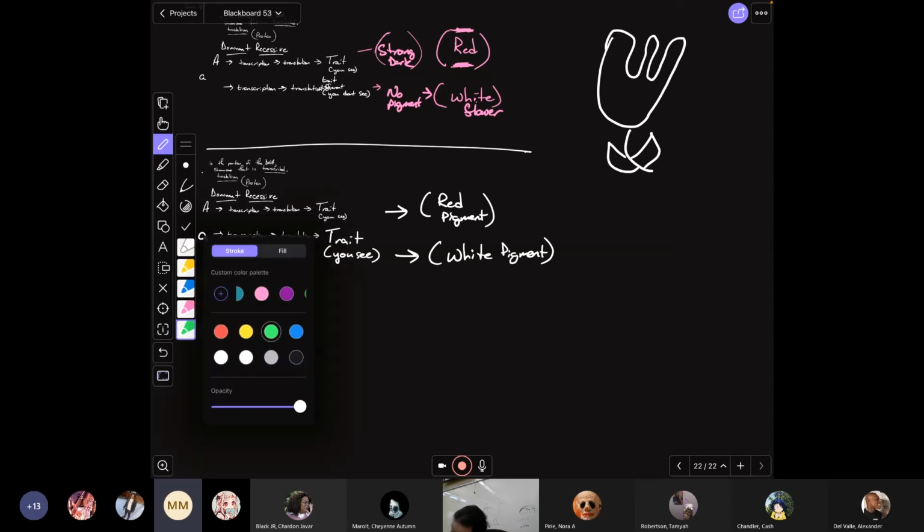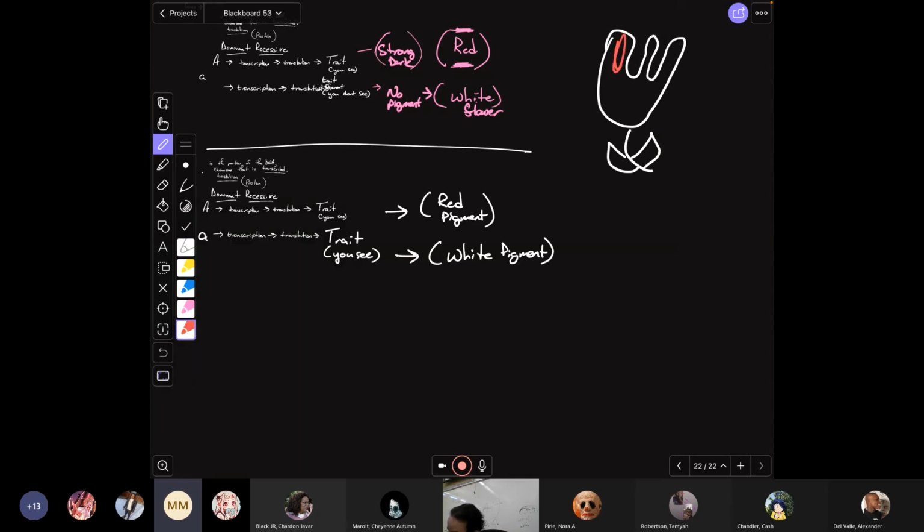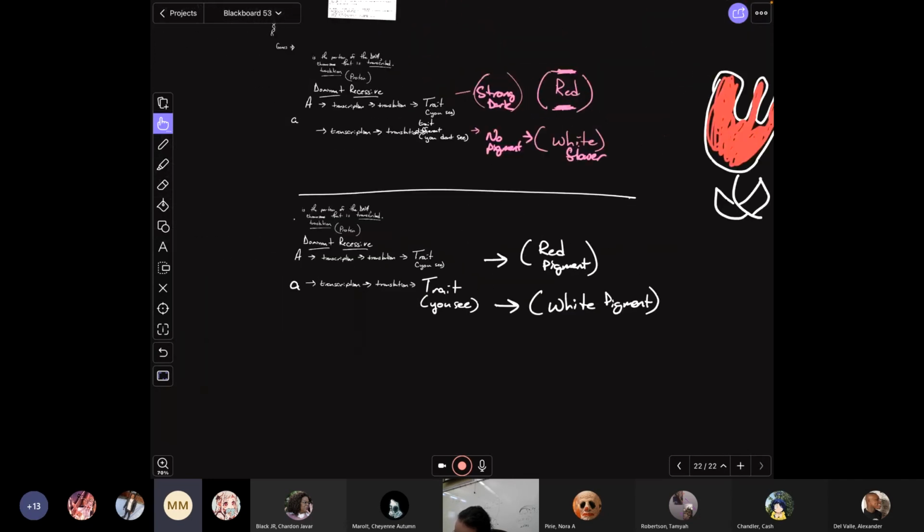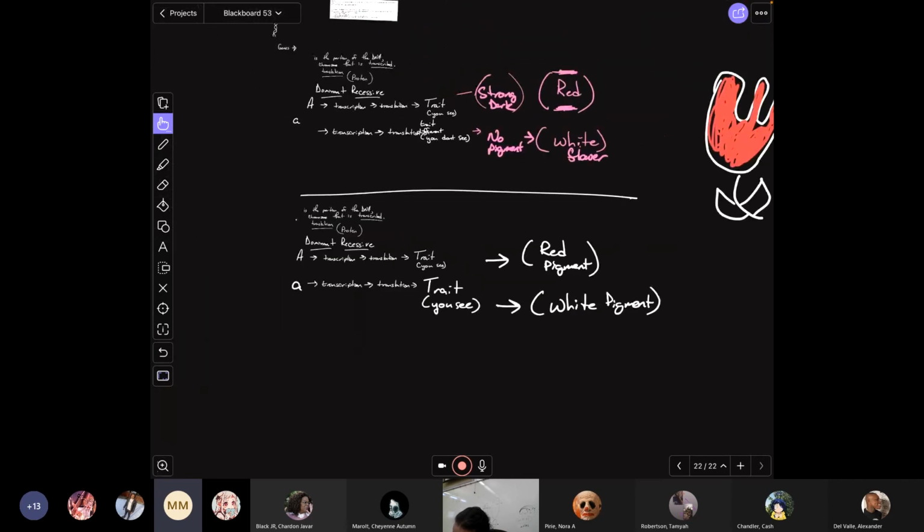So in the first example, you had red. The flower's red because it was red pigment. The other gene didn't give you any pigment at all. So your flower was red. Remembering that these are two different examples, the a and the a's are variables.